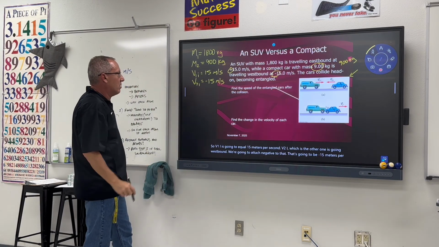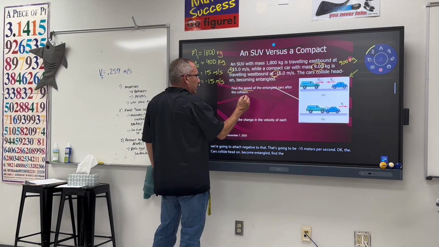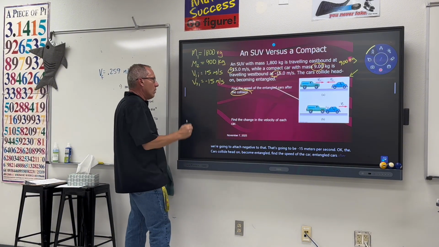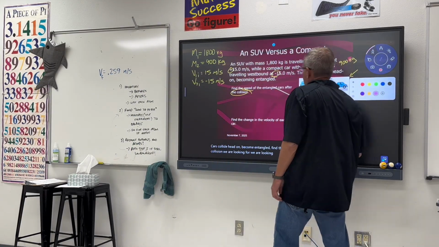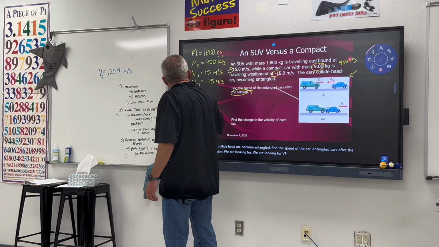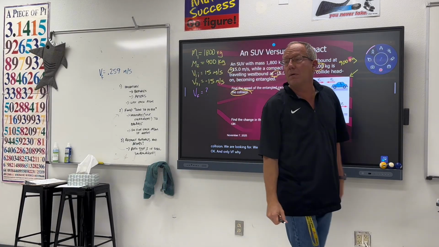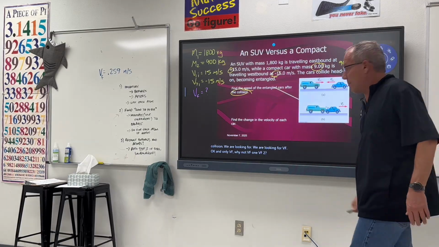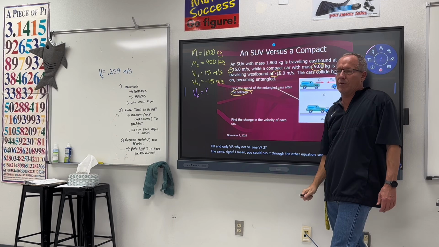The cars collide head on and become entangled. Find the speed of the entangled cars after the collision. We are looking for VF, and only VF. Why not VF1 and VF2? They're the same. You could run it through the other equation and solve it with a little longer algebra, but you'll get the same answer.